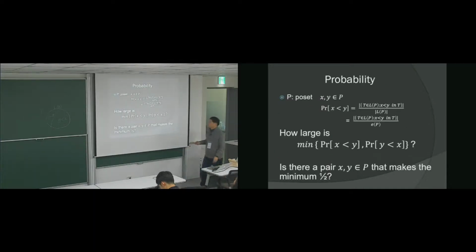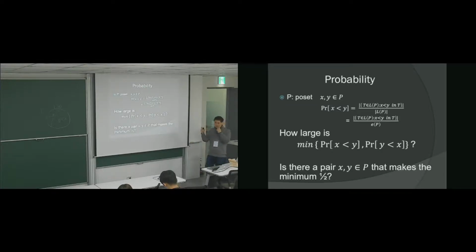So, again, this is the definition of PR(X less than Y). The question is, how large can this minimum be? What is the maximum? Normally, if there is one relation, then the maximum is 1.